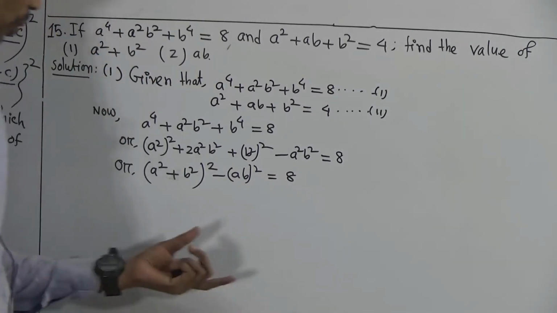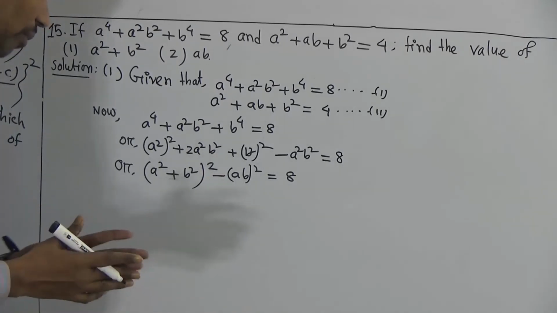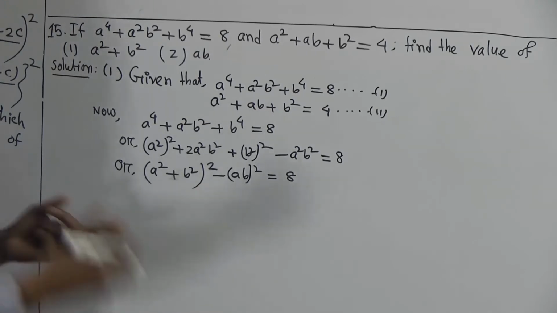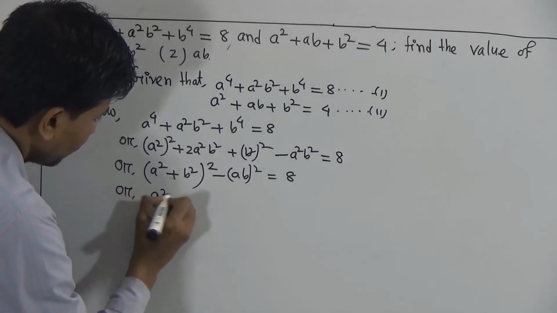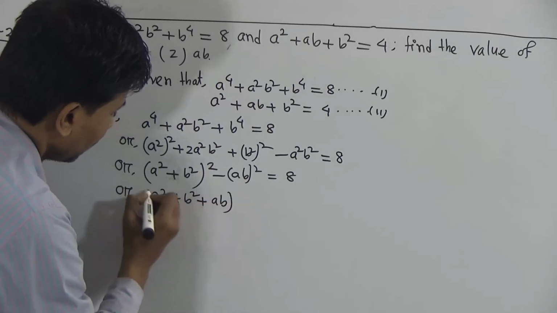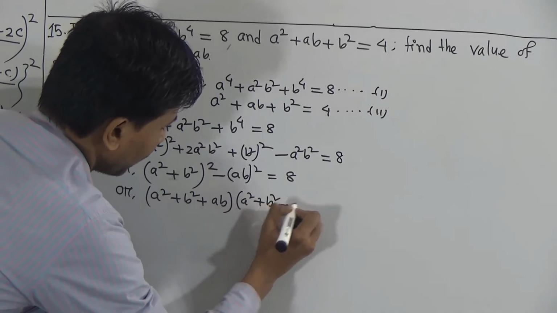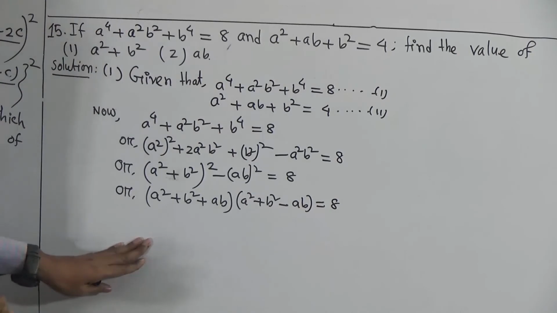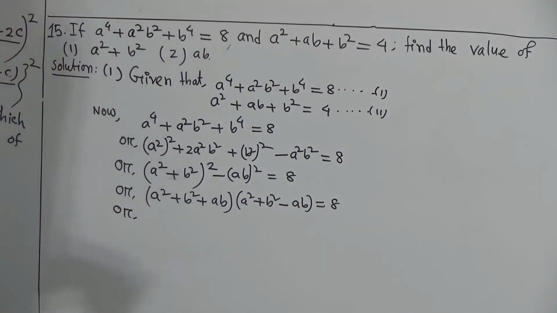We know the formula of a square minus b square equals a plus b into a minus b. So a square plus b square plus ab, then a square plus b square minus ab equals 8. Now put the value.